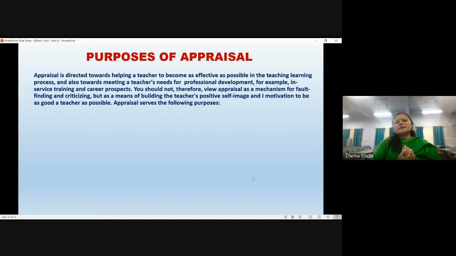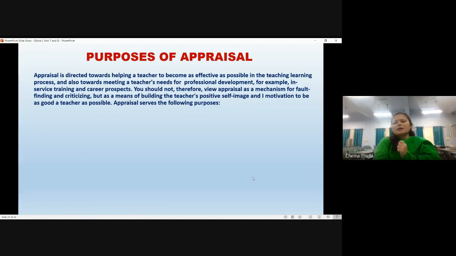Through the appraisal itself, you, as a school head, can construct the in-service training and the career prospects of the staff members. So we should not view appraisal as a mechanism for fault finding and criticizing. In a staff appraisal, we are not finding the faults of our staff. We are trying to build the teacher's positive self-image through motivation to be a good teacher.